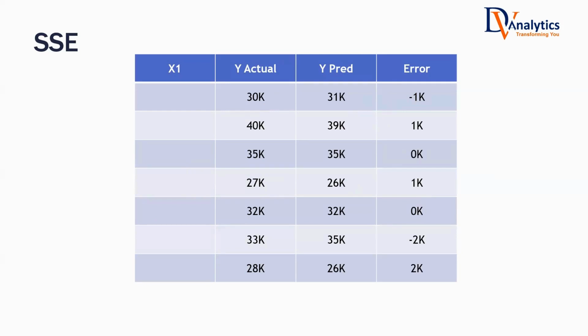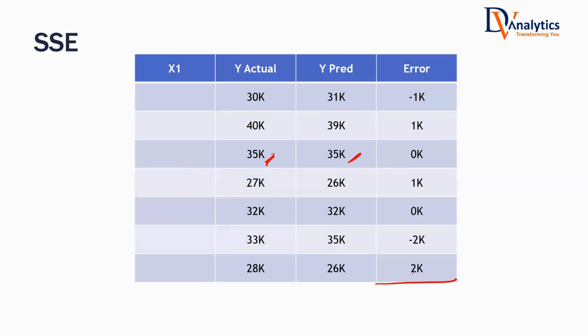Nonetheless, an error is an error. Actual should match the prediction, then only it is a correct prediction. Otherwise it is an error, whether you are predicting a slightly higher or a slightly lower value. Do you agree? Error is error.